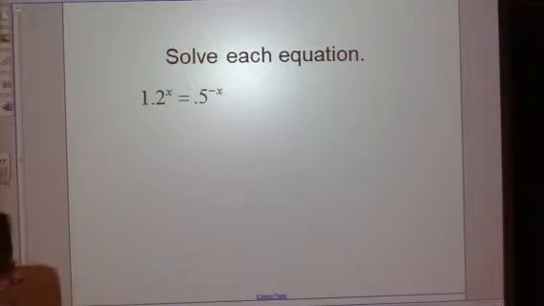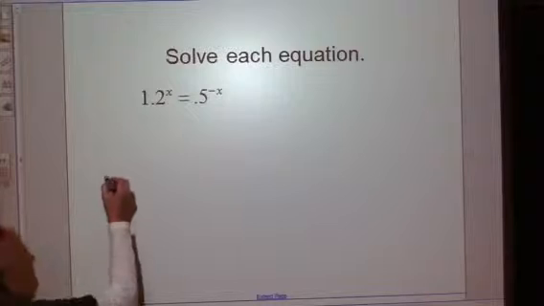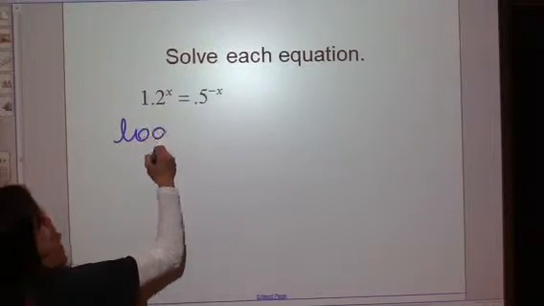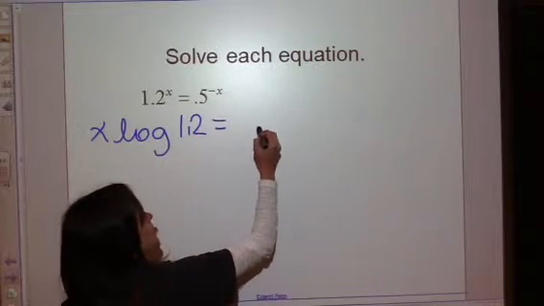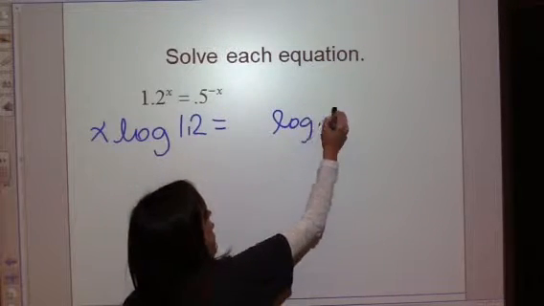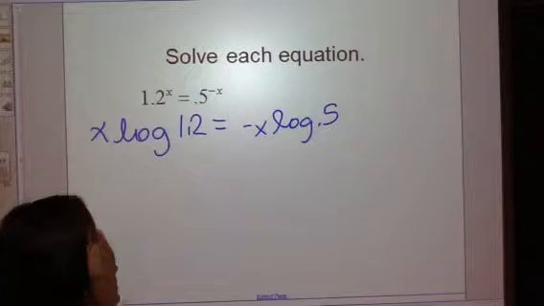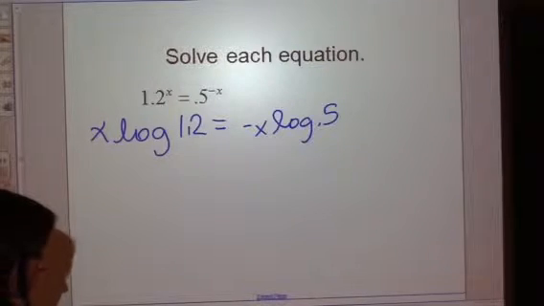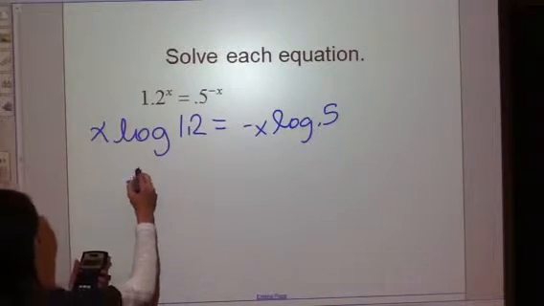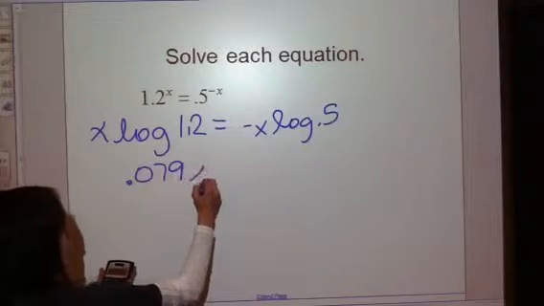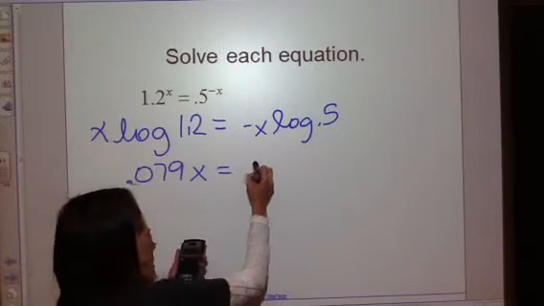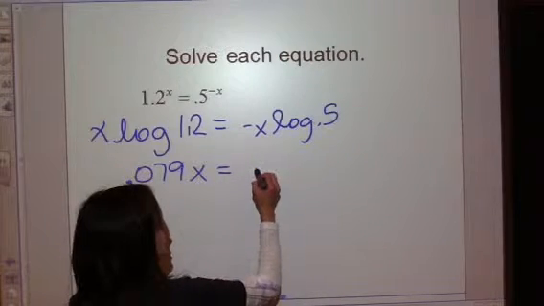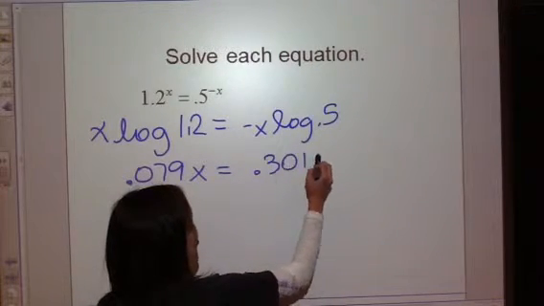So try this one on your own. So you would do log 1.2 to the x, so I'm going to move x in front. You would do log of 0.5, so I'm going to move negative x to the front. So log of 1.2 is 0.079. Log of 0.5 is negative 0.301, so that's going to change that negative x to positive 0.301x.